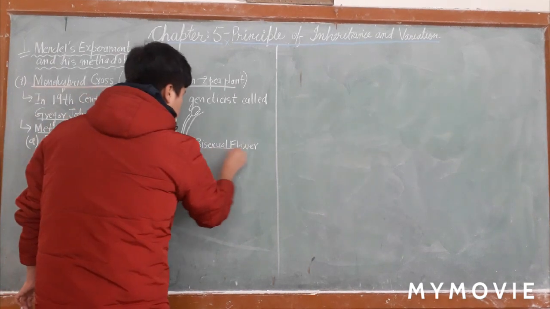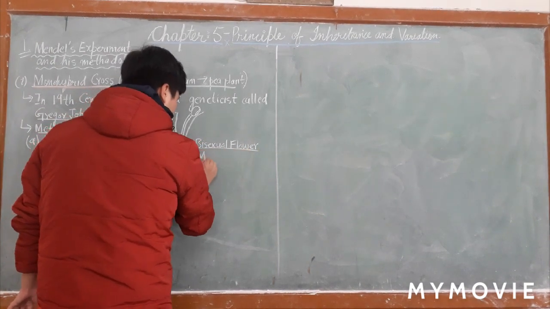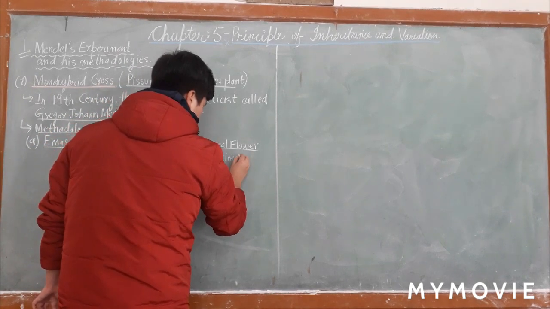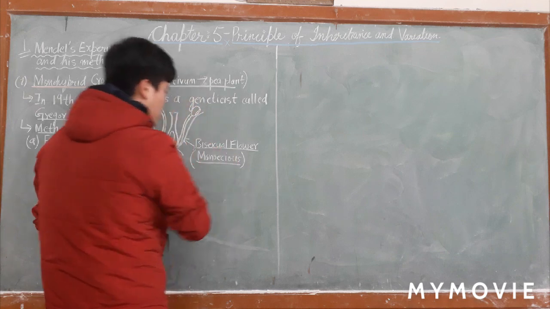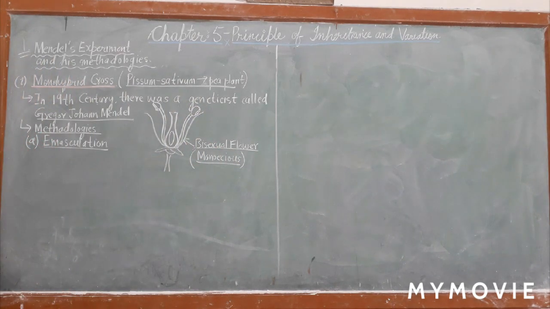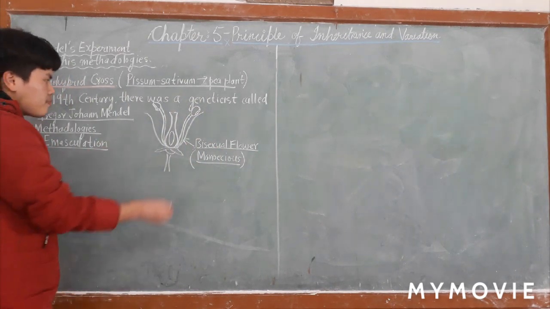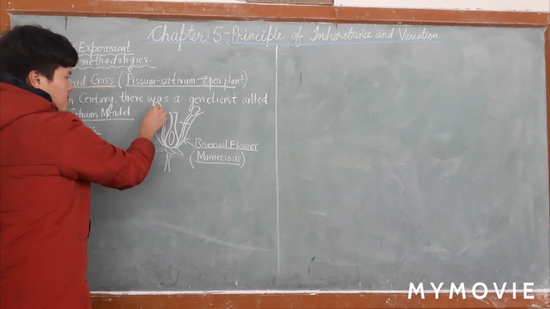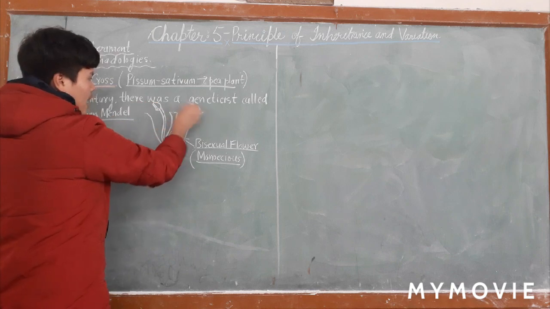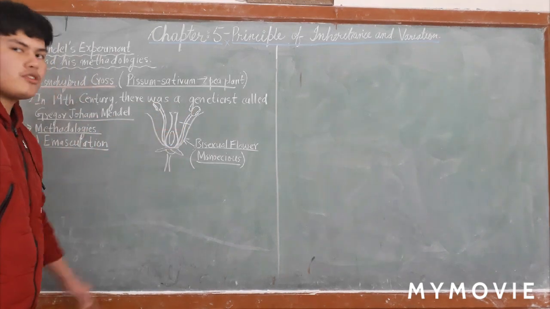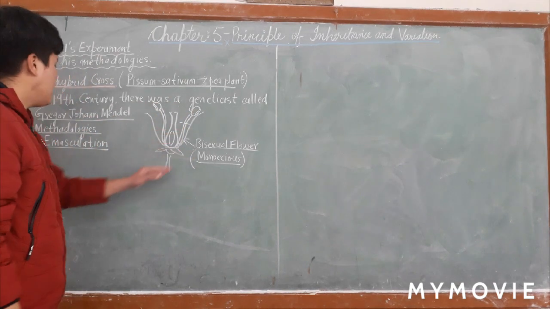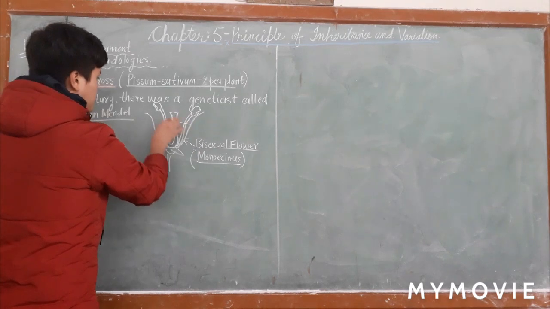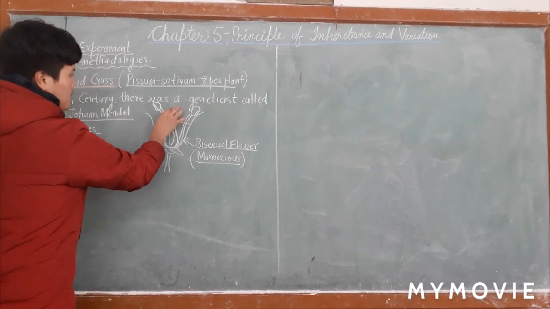Bisexual flower is also known as monoecious. This is your filament, this is your anther. If we remove the anther, or you can say the male sexual part of the bisexual flower, then that process is called emasculation.